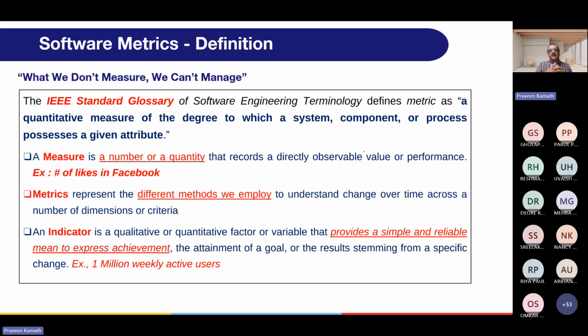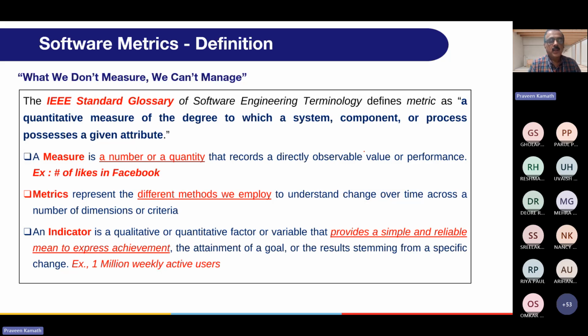The IEEE standard glossary of software engineering terminology defines a metric as a quantitative measure of the degree to which a system, component, or process possesses a given attribute. A measure is a number or a quantity that records a directly observable value of performance. Example, percentage of likes in Facebook.